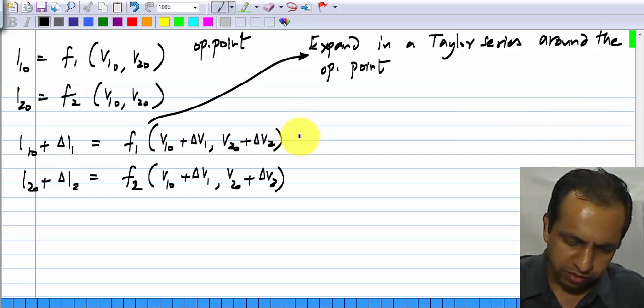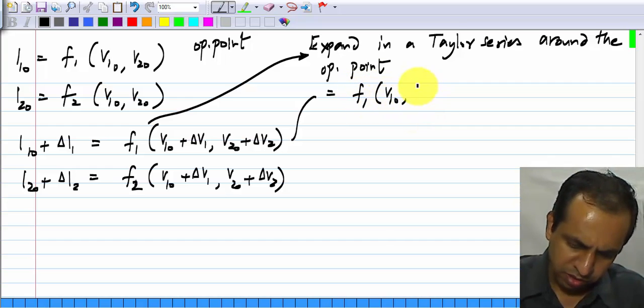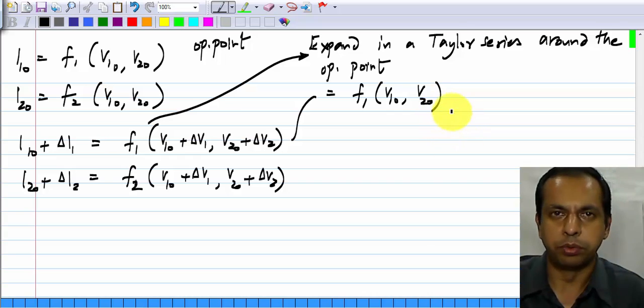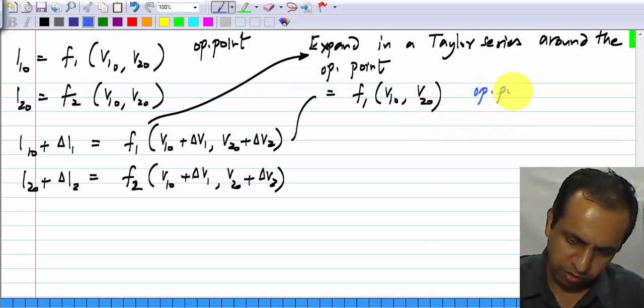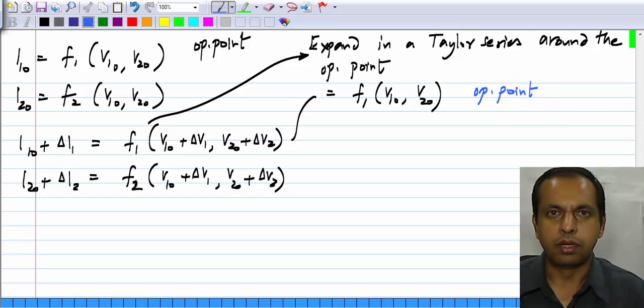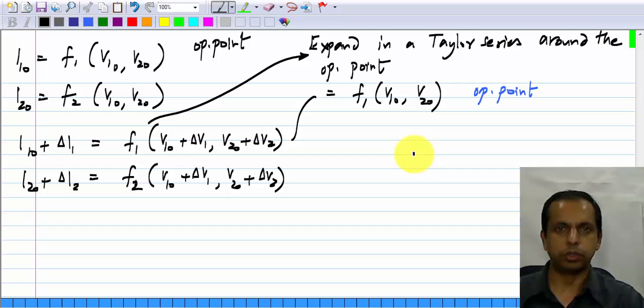So, what will we get? This is the operating point, right. So, let me write it like that. And Taylor series is nothing but you will have a constant term, you will have first order dependence on the variables and second order dependence on the variables and so on. Okay.